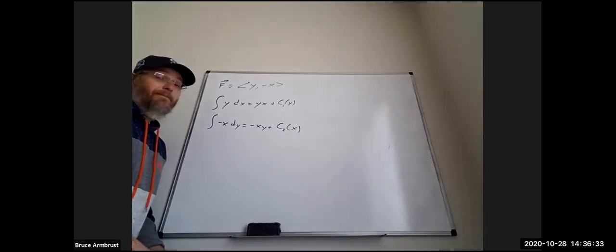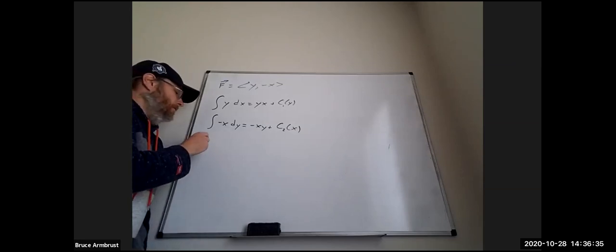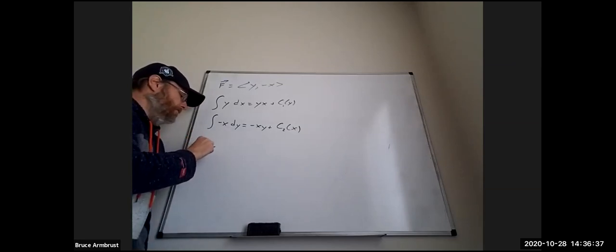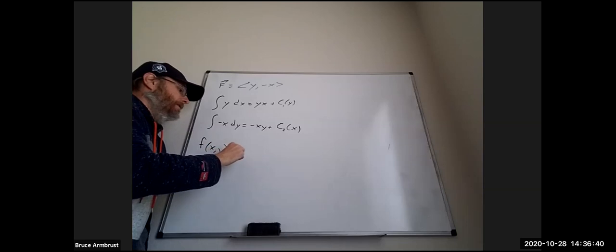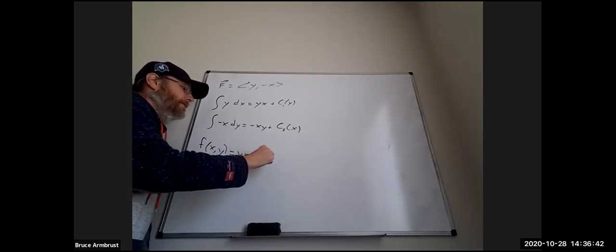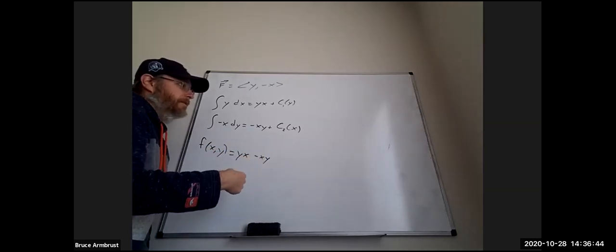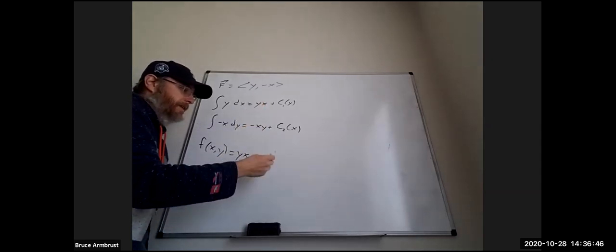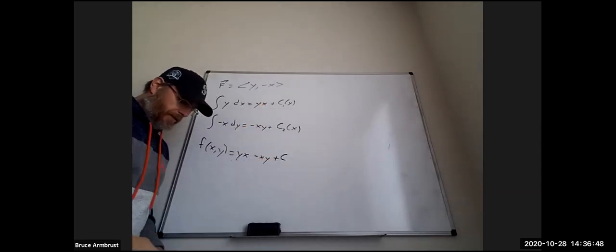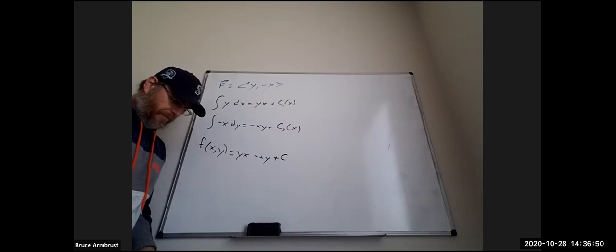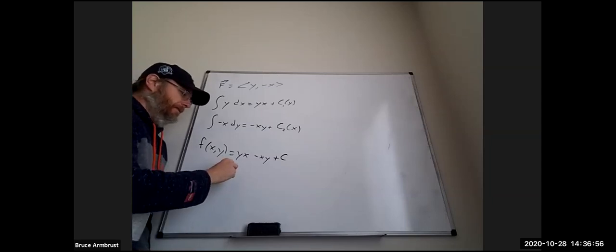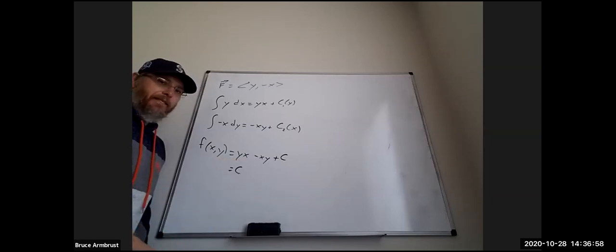Our next step is to combine these. So we'd say, all right, f of xy is equal to yx minus xy. We have to include those pieces, and then of course, plus some sort of a constant. But that's 0. Yeah, that is 0. That's just plain old C.